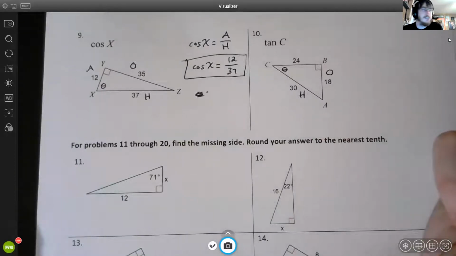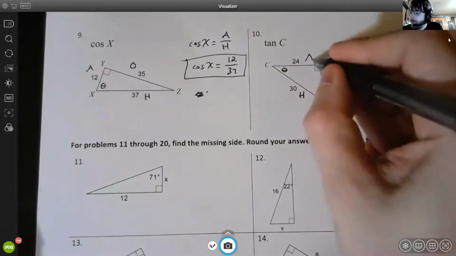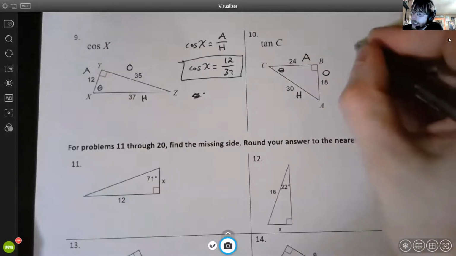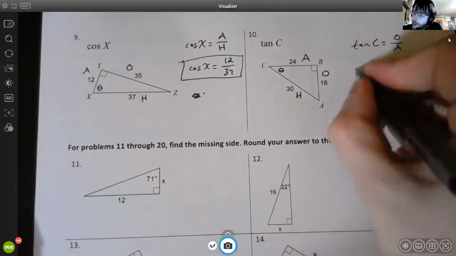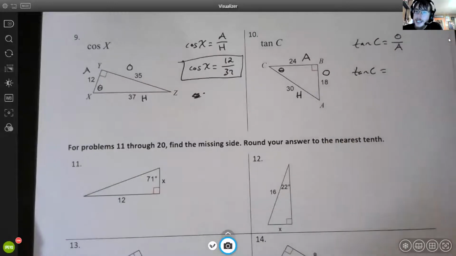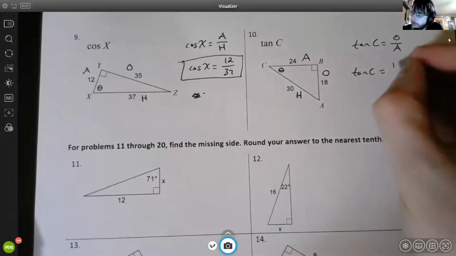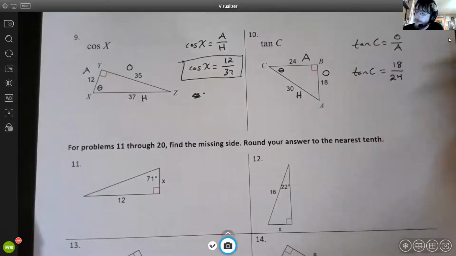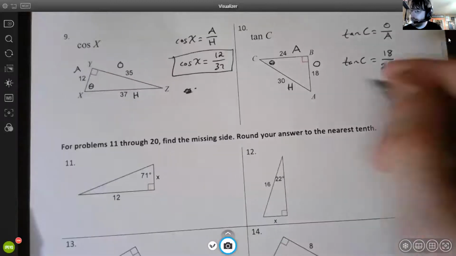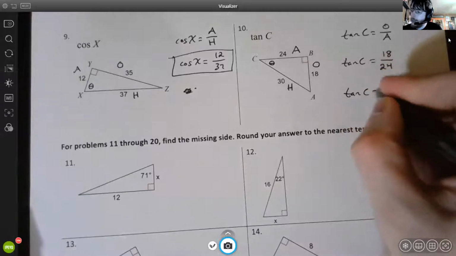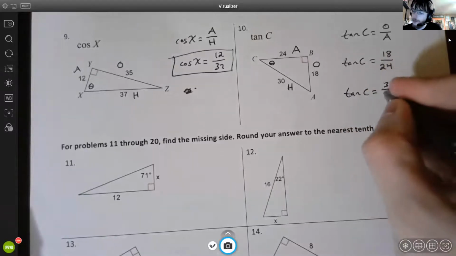And our adjacent side is 24. So tangent is defined as O over A. So that means tangent of C is equal to 18 over 24. And if we simplify that in our calculators, we find that tangent of C would be equal to 3 over 4.